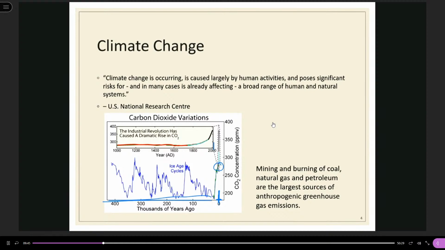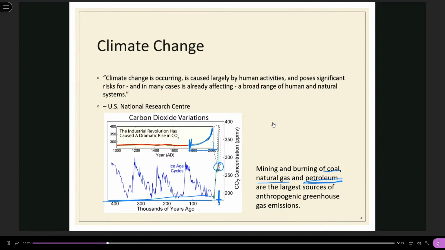We know that carbon dioxide is a contributor to global warming. Within this short period of time, the concentration of carbon dioxide has increased by over 100 ppm. Mining and burning of coal, natural gas, petroleum, these are fossil fuels.